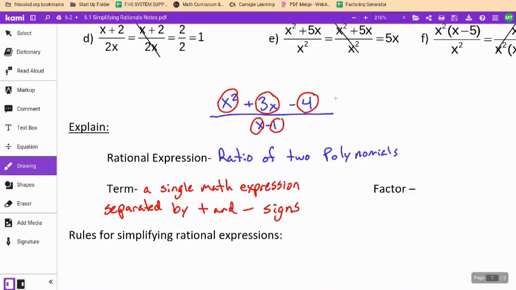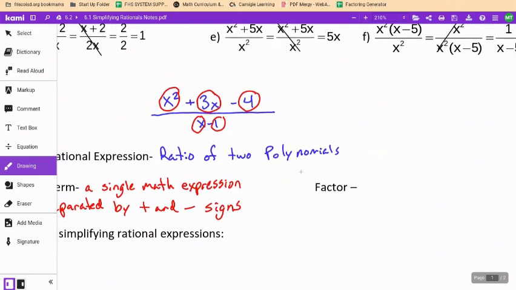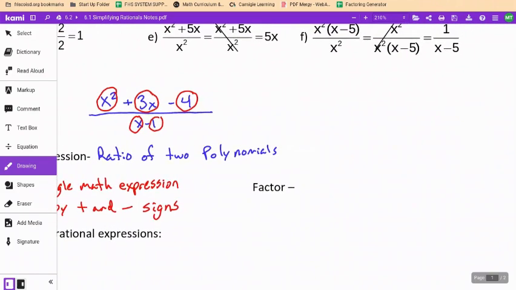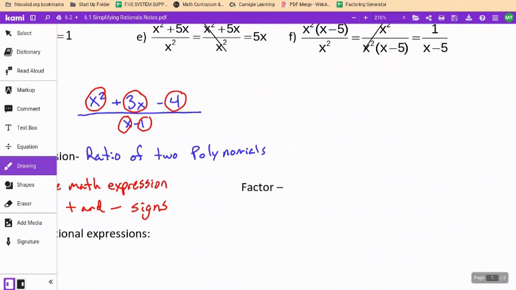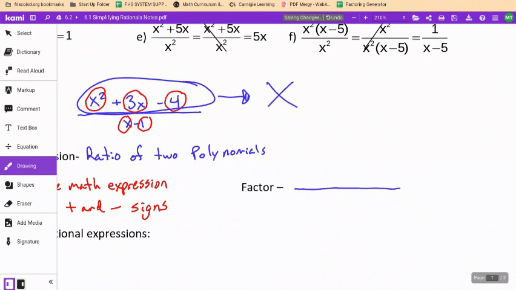Okay, so I'm going to take the same example, and now I'm going to write this in its factored form. So again, I'm going to have a fraction, but now this numerator is going to be factored. How do I factor? In my class, we take the last term and middle term.